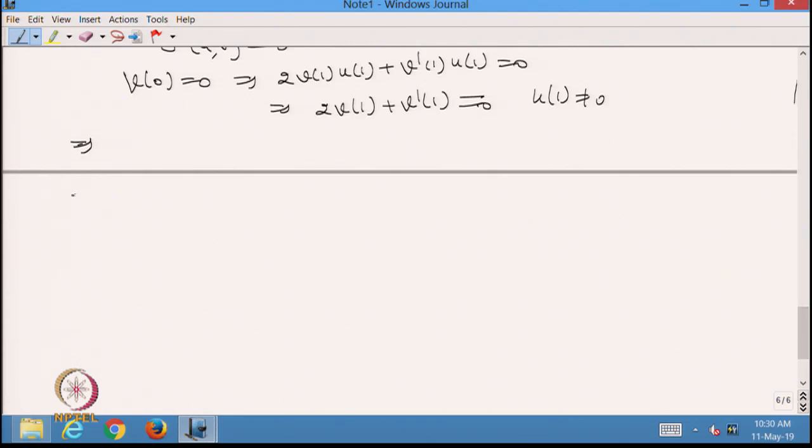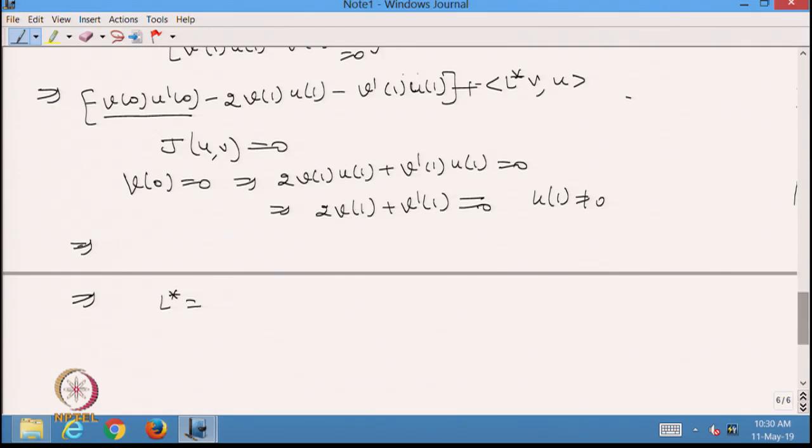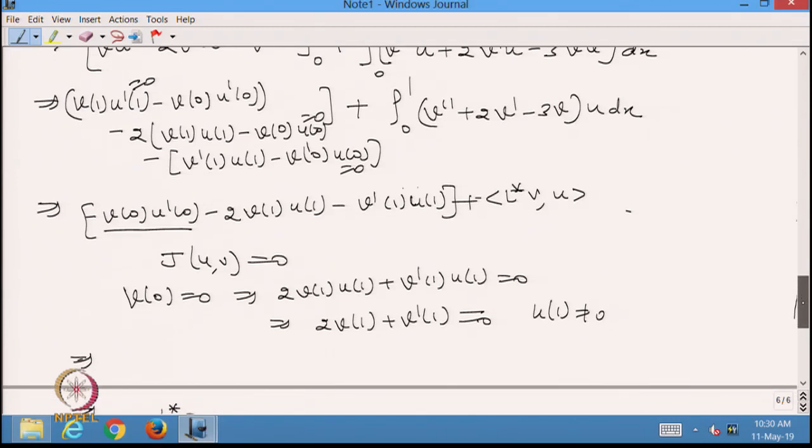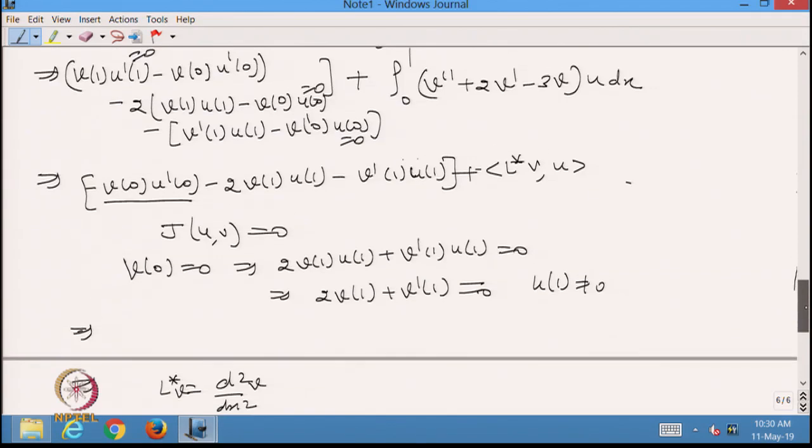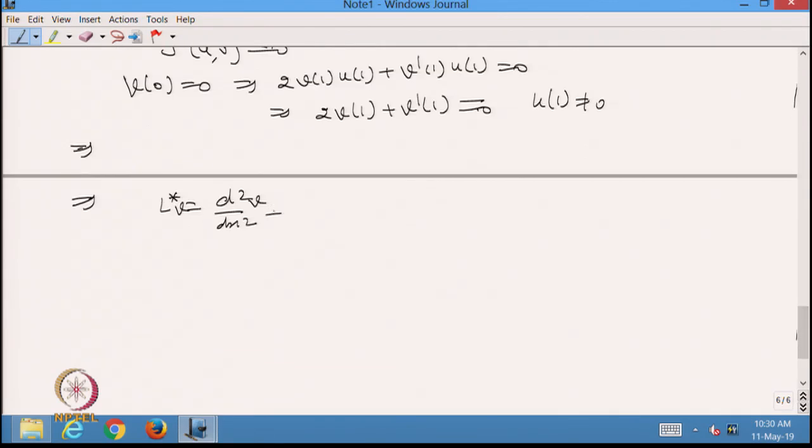So, from here I will get my corresponding adjoint operator. The adjoint operator in this case, my L star, will be v'' plus 2 v' minus 3 v.